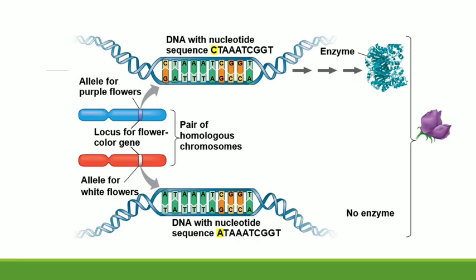So if each egg has only one of these chromosomes, and each sperm has one of these chromosomes, then during fertilization, when egg and sperm combine to create a zygote, which is finally again a diploid cell, you will receive again one chromosome from mom and one from dad, and we'll be back to where we started here.